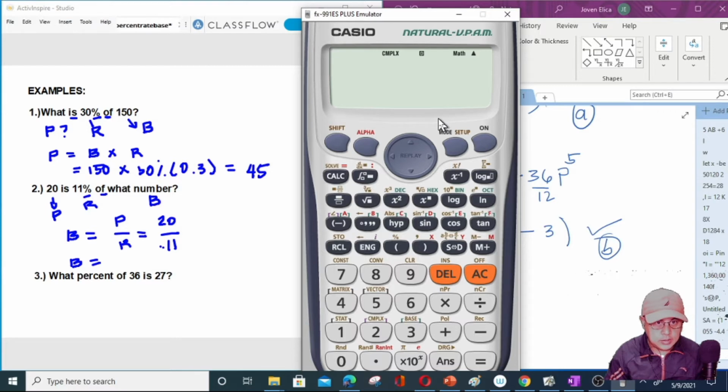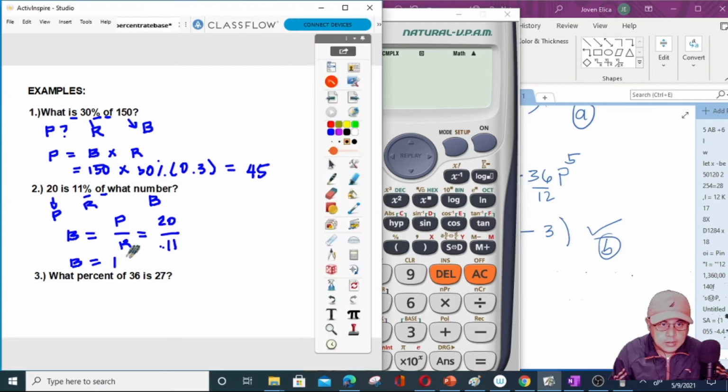Anyway, 20 divided by 0.11 is 181.81882. That is the base.